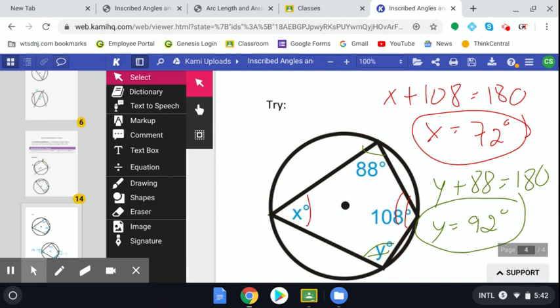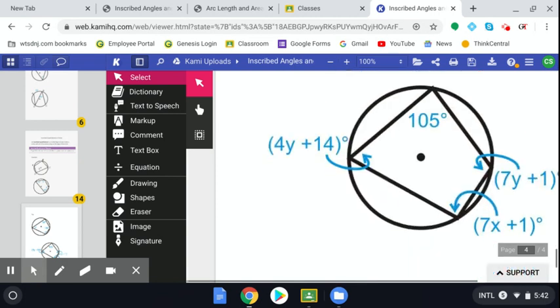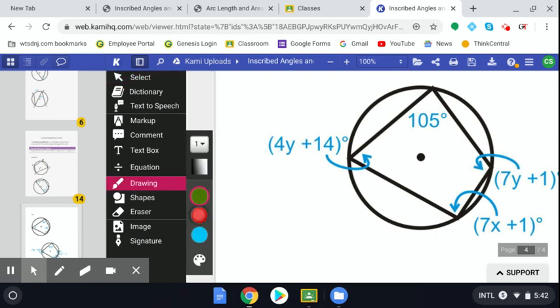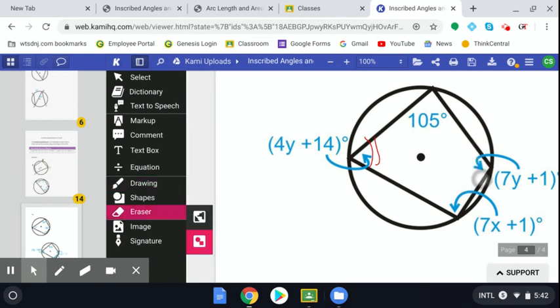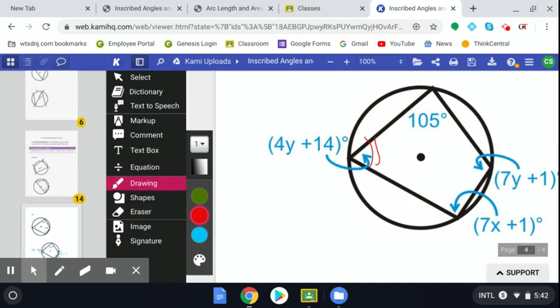And the last problem, then we'll be done, is a little bit more complex with the algebra, but it's the same idea. So we have 4y plus 14 plus 7y plus 1. They have to be supplementary because they're opposite angles. So 4y plus 14 plus 7y plus 1 equals 180. And because the equal sign is over here, you have to combine like terms on the same side.